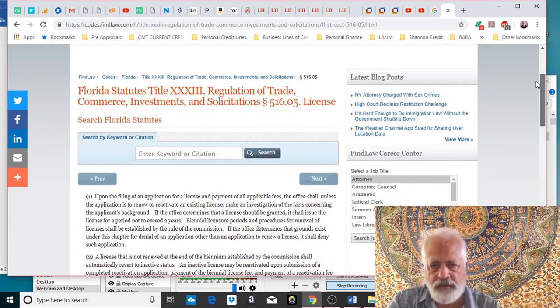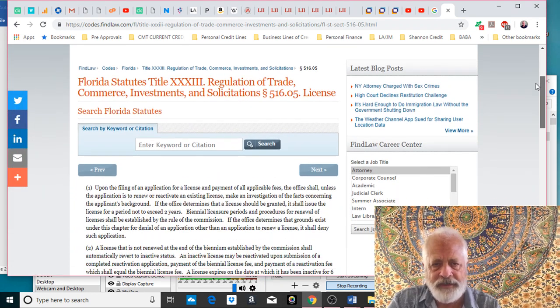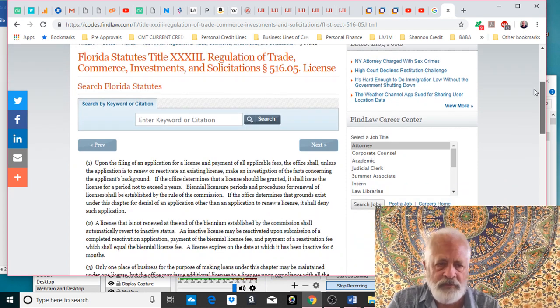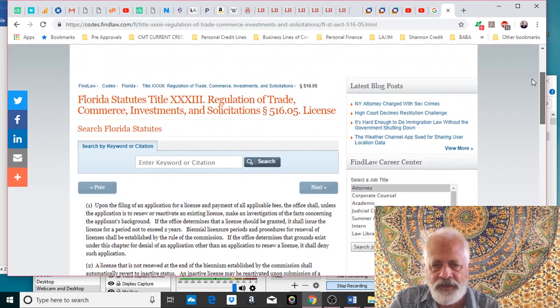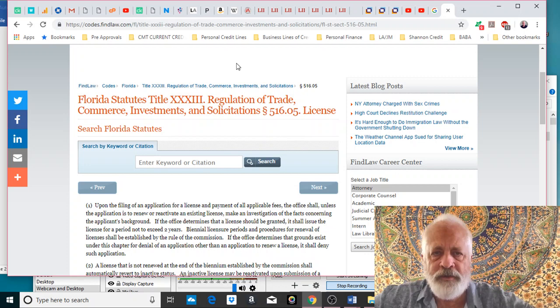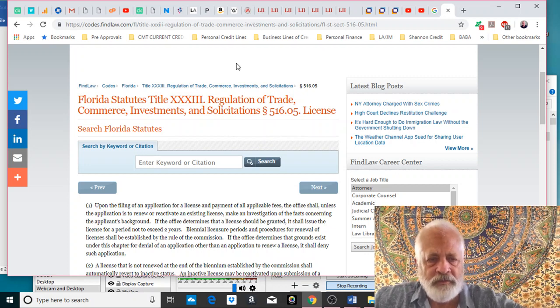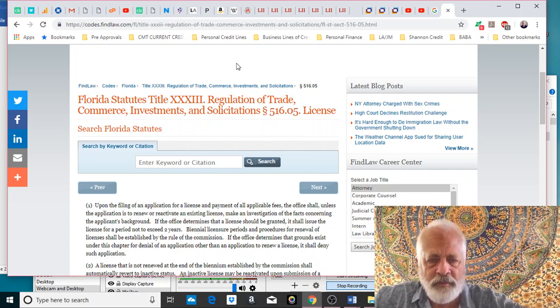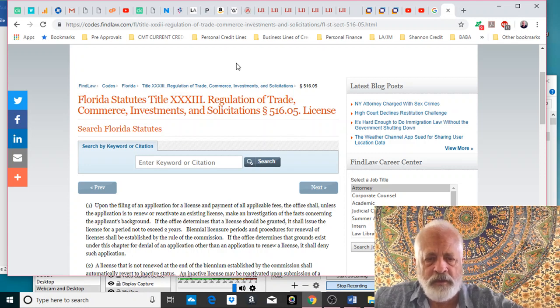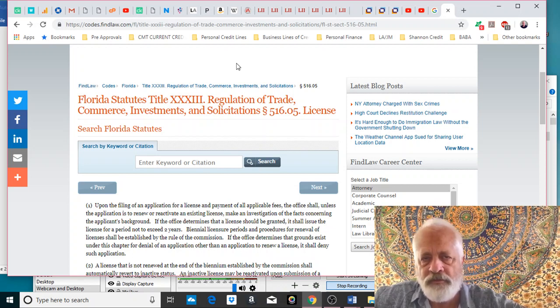If you're going to be in trade and investments and solicitations like banking and any of that stuff, you need a license. See, right here. Every state has some similar law that if you're in some kind of investments in business and commerce like this, you need a license. So you've got to look it up in your state. Or you can just remove this, but see, this is the state law that shows why you're bringing this action in the court. So you need a state law to do this action.